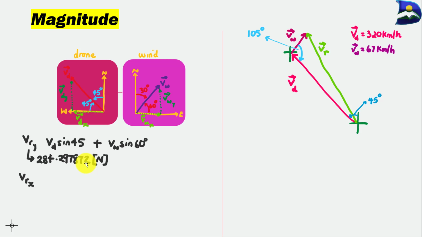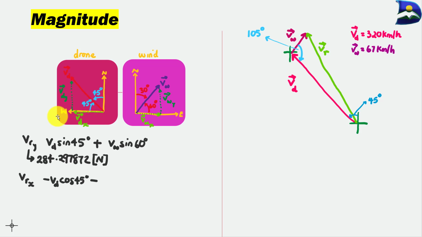And what we have now is that, remember that for our drone, by convention the west end is going to be negative, and therefore we're going to have our negative VD multiplied by cos of 45 degrees. Don't forget the 45 degrees right here.